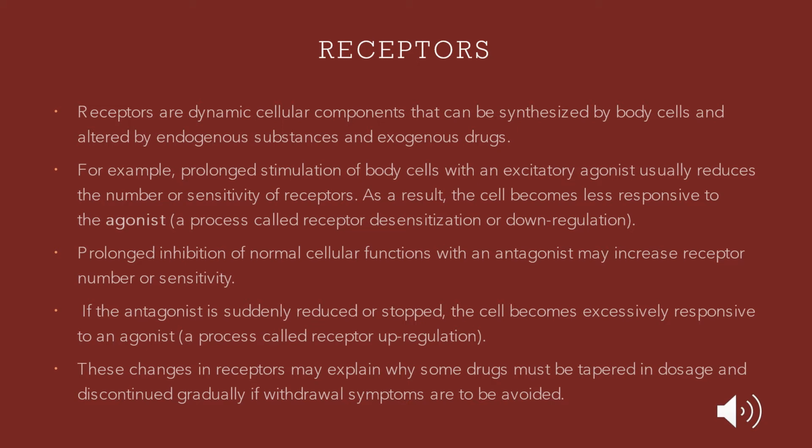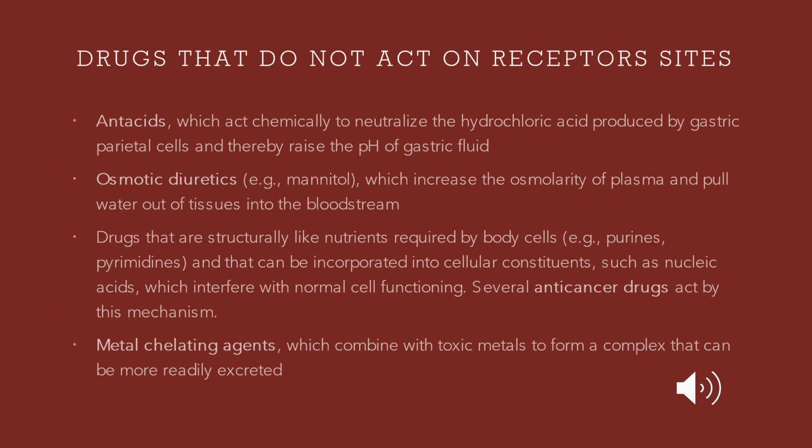These changes in receptors may explain why some drugs must be tapered in dosage and discontinued gradually if withdrawal symptoms are to be avoided. Few drugs act by mechanisms other than combination with receptor sites on cells.